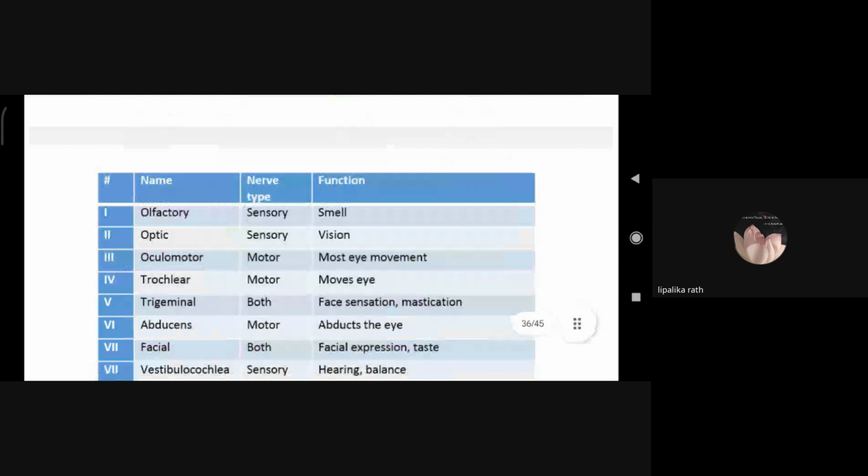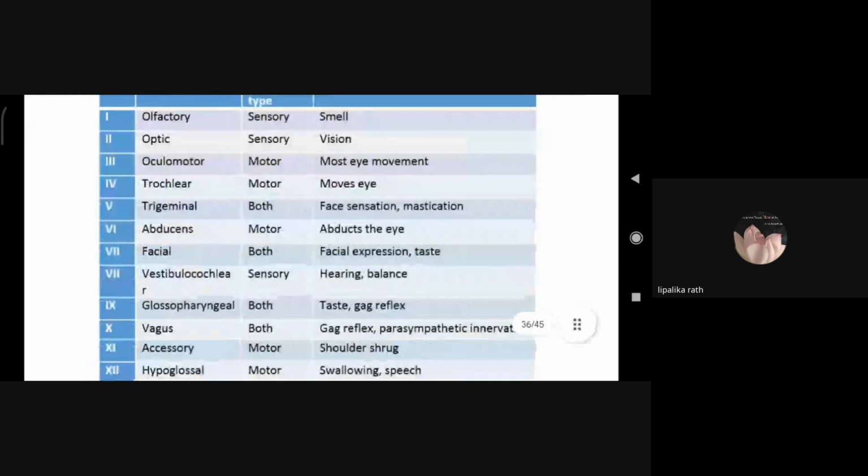Here is the table. You can see among those 12 cranial nerves, what is the function of each? Olfactory is a sensory nerve related to the sense of smell. Optic is also a sensory nerve, related to vision.